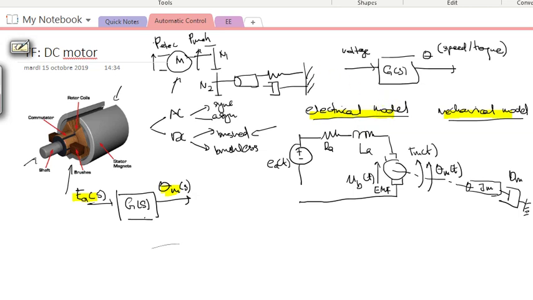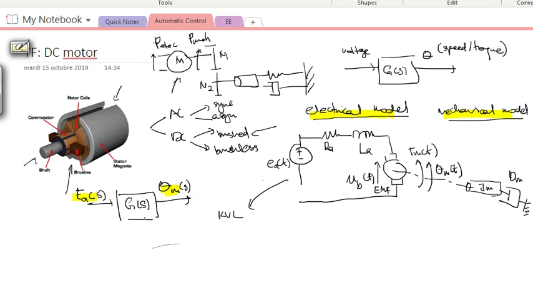But let's write down the equations. What equations can we write from the electrical model? If you remember from your fundamental electrical and electronic class, we can write a KVL, Kirchhoff voltage law, that explains the behavior of the voltage inside the loop, right? So let's write the KVL.